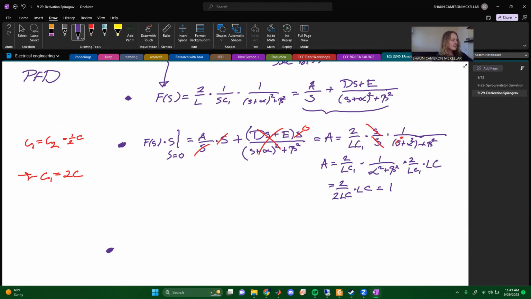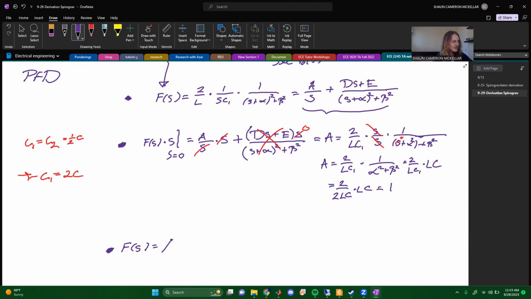And this way of evaluating and isolating terms, like I mentioned, it doesn't really work well for the spirogravitator. So let's manipulate this, and we'll say that f of s, I'm going to add up these two fractions.